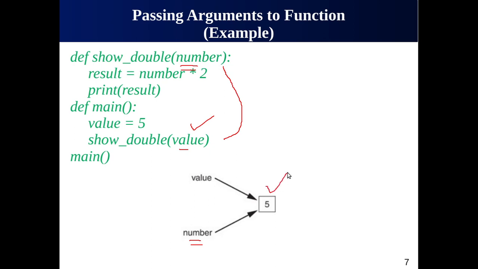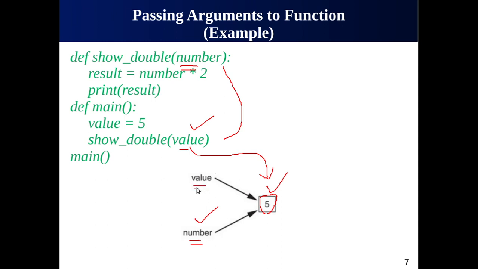You see, this value is the argument value. Once we pass this value to the function, the function parameter will also refer to this value. However, any changes that are made to this value by the parameter will not affect the argument.